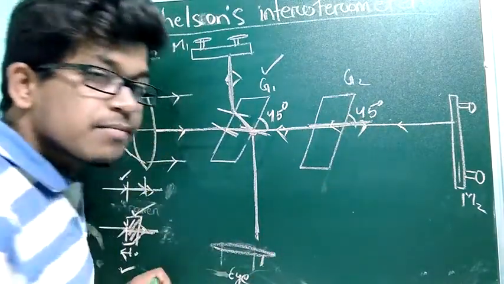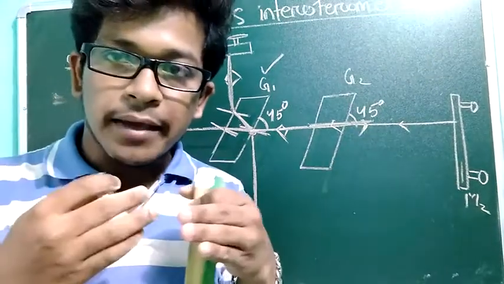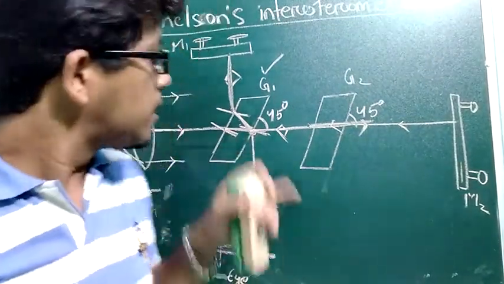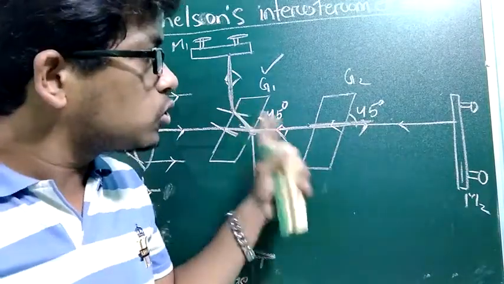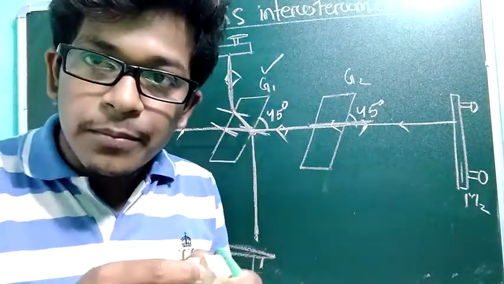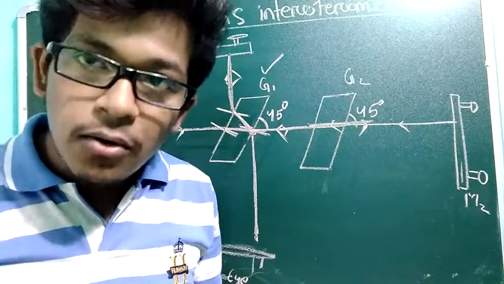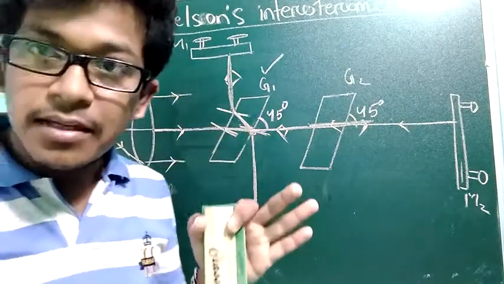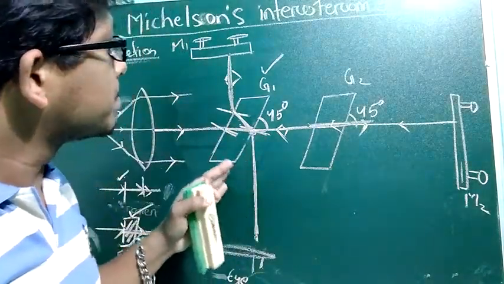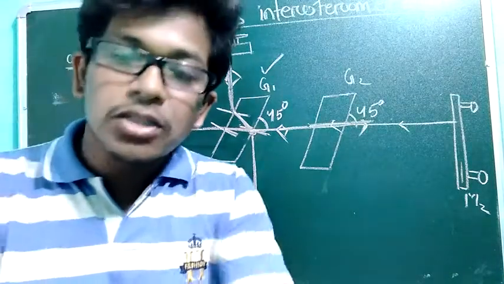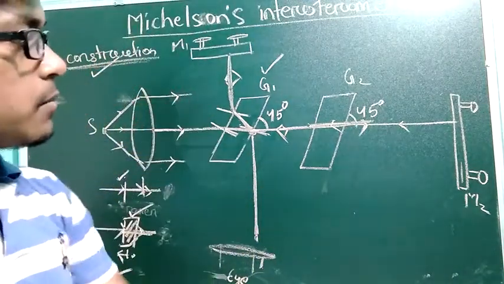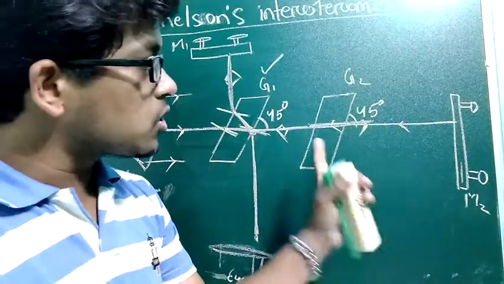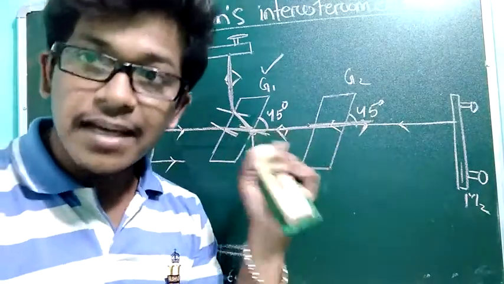That means twice going and coming, here also twice. That means both rays pass through the medium the same amount. So now it will be good for us to calculate the interference, whether it is constructive or destructive. You understood? This is the setup done by our great Michelson.